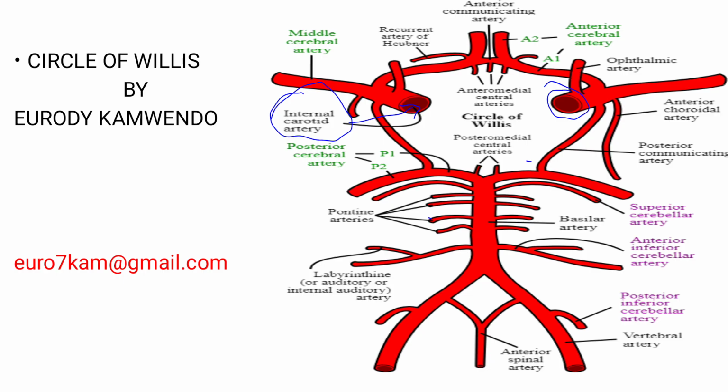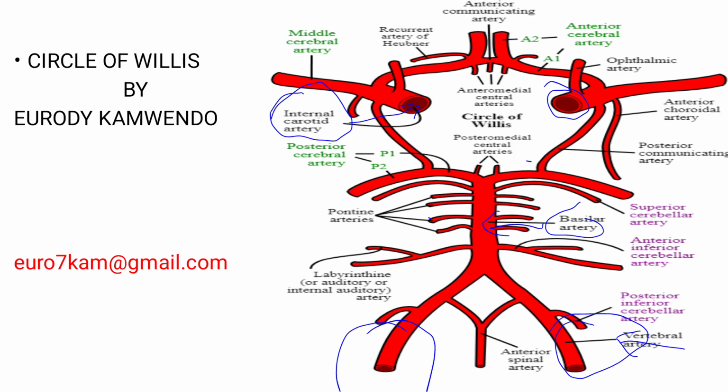Apart from that, we also have the vertebral arteries, and these are the vertebral arteries here. When we talk about the vertebral arteries, they are also found on each side of the circle of Willis, and this mainly arises from the subclavian arteries, and they come together to form what is known as the basilar artery.